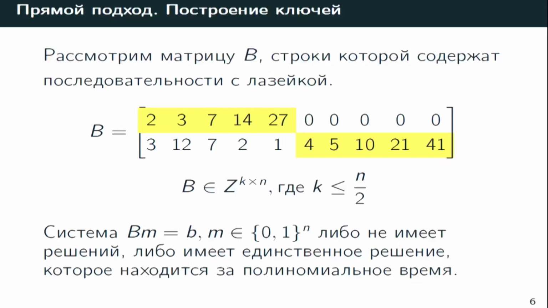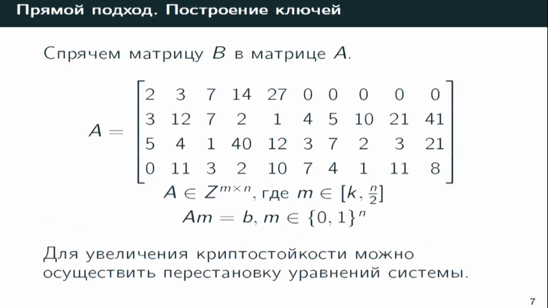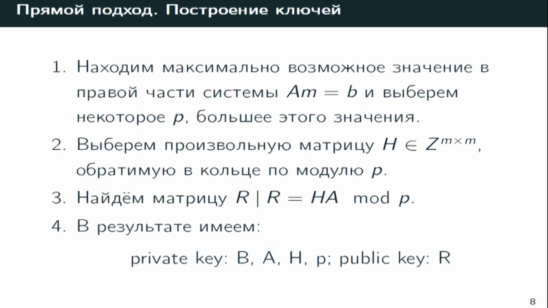All the strings need to cover this system. And we can use it here. But we need to hide matrix B. We add new strings here. We know which strings we have added here, and we can resolve it in a minimal time.